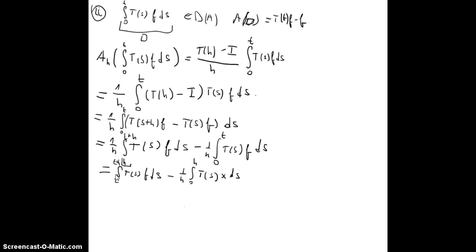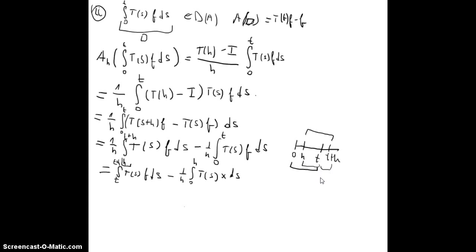What we did here is just changing the limits, because in this part we have an integral. Suppose that h is small, we have t here and t plus h. The first one is between h and t plus h, and here we are subtracting an integral of the same thing, and the 1 over h you can take out, from 0 to t.